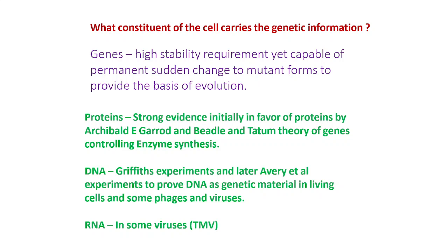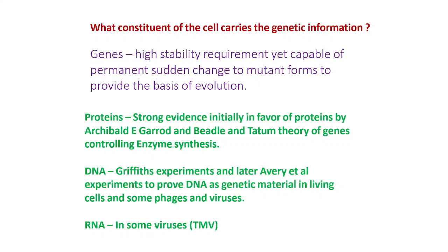Because some scientists found that it is being stored in protein, some say no, it's stored in the DNA, some are telling it's in the RNA. Why is it so? To answer this, there comes the concept of the central dogma, where you have a starting material, that's the DNA.